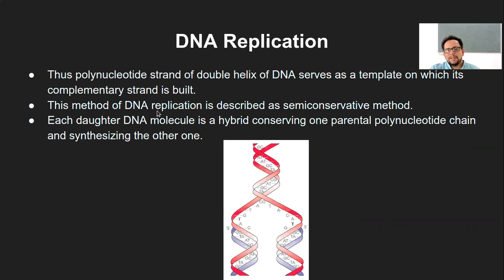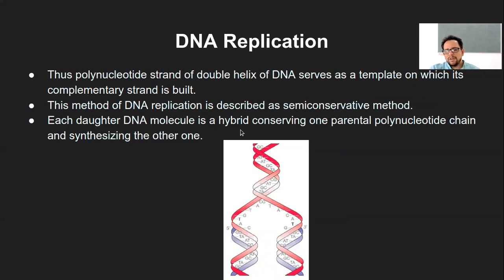This method of DNA replication, where one DNA strand acts as a template and one strand is new, is described as semi-conservative. Semi means half, and that half of the DNA molecule is conserved.